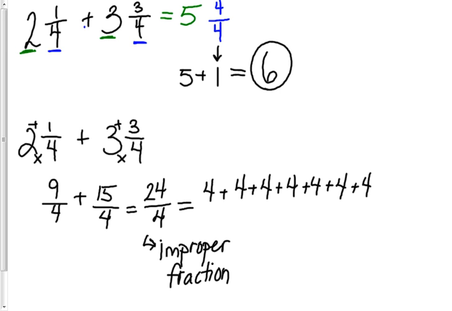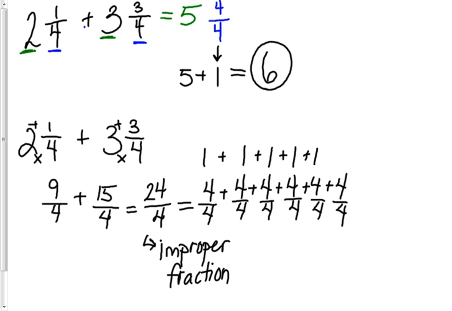So looking at that, I know these are all 4/4. And now 4/4 is equal to 1 whole. So 1 plus 1 plus 1 plus 1 plus 1 plus 1 equals 6. So we have the same answer for both, but we have two different strategies to answer.